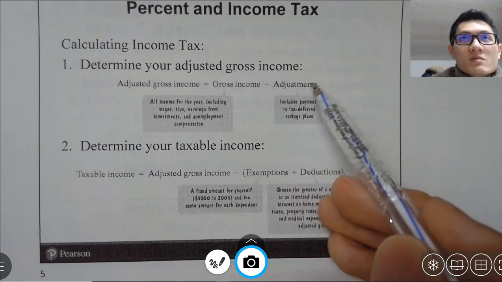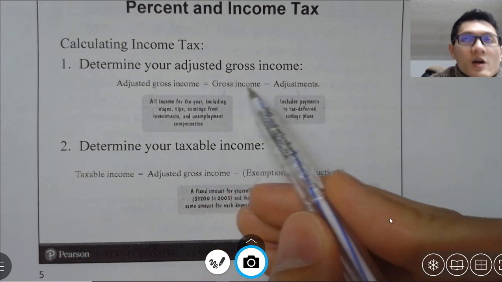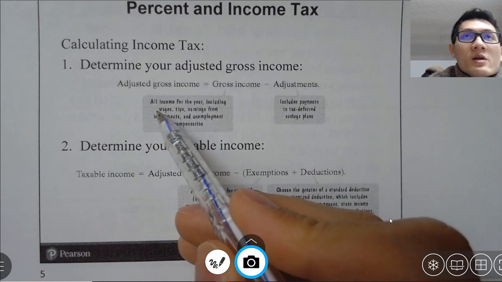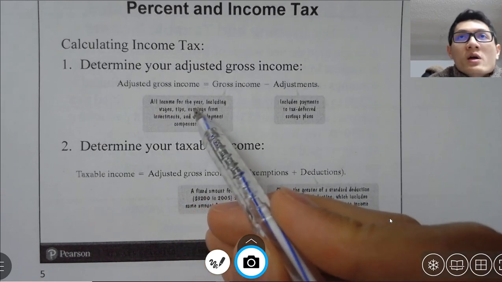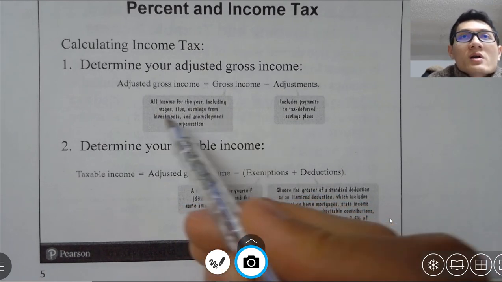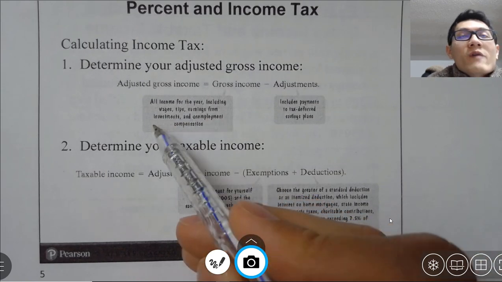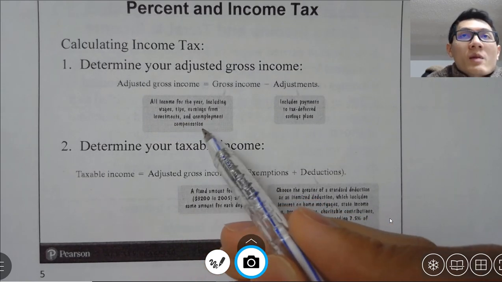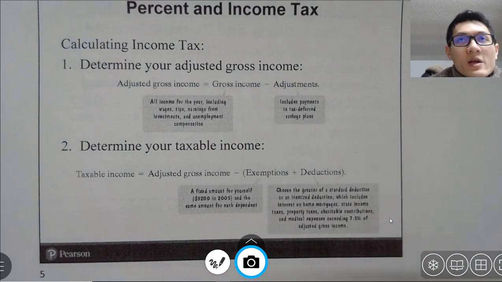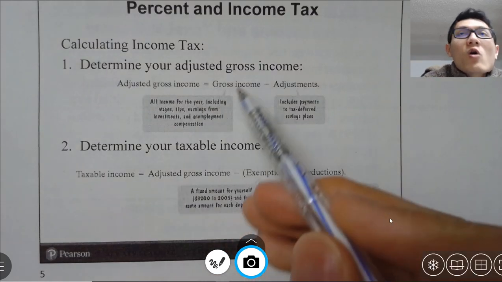So your gross income is all the income for the whole year, and that includes the wages, the tips, or the earnings from investments and unemployment, the money that you receive when you are not working. So all the money that you receive in the whole year is your gross income.